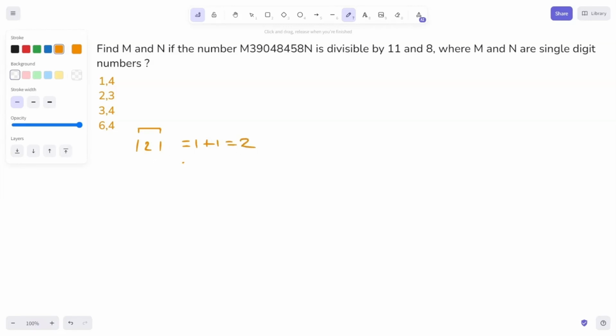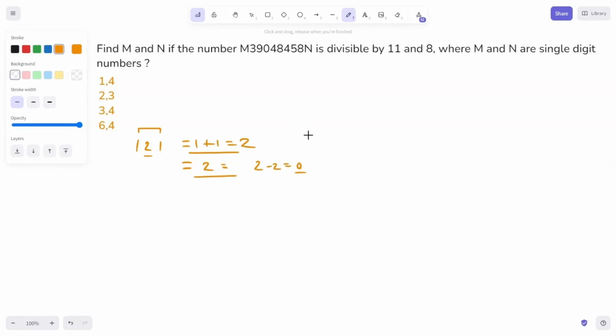We also take the even position number, and there is a single even position in this number, so we take 2. Now we see the difference of the odd position sum and the even position sum. So 2 minus 2 equals 0. The difference is 0.